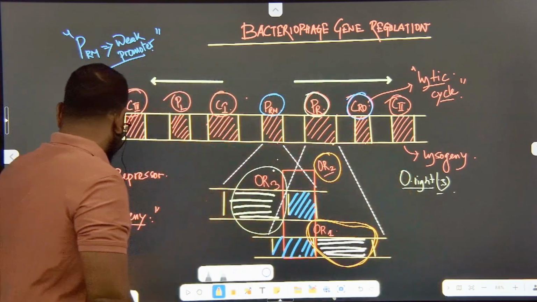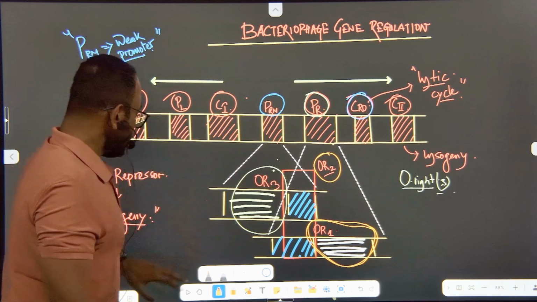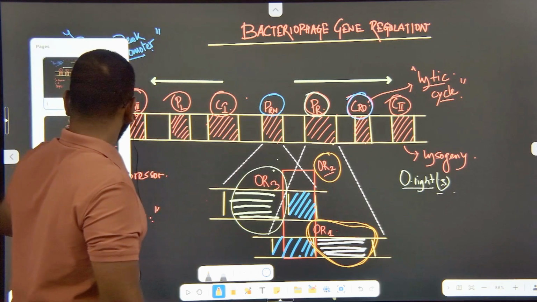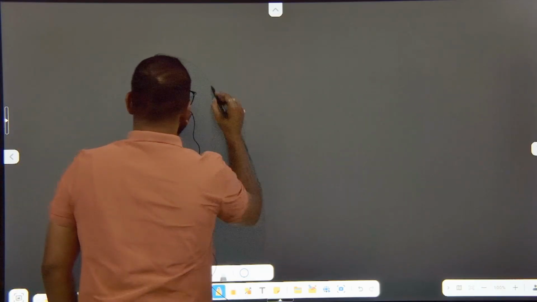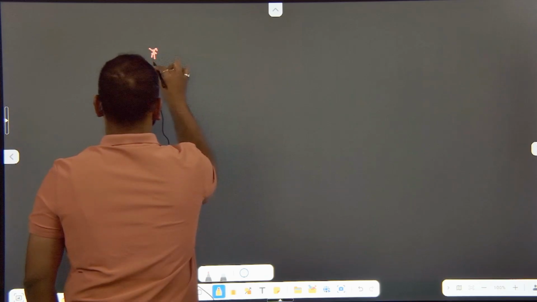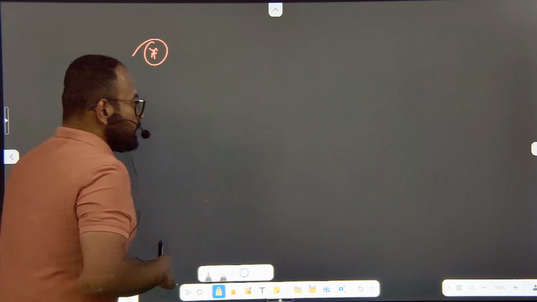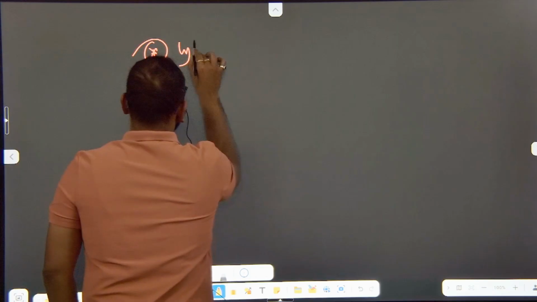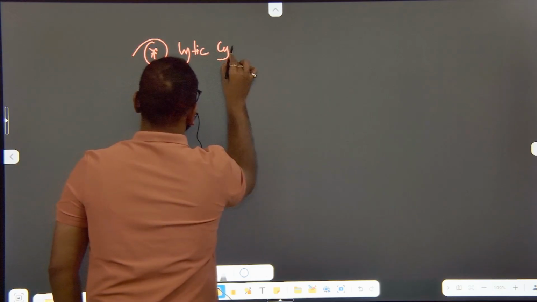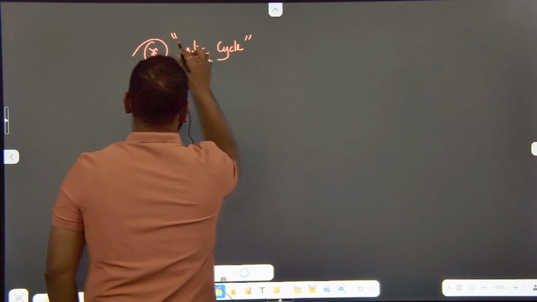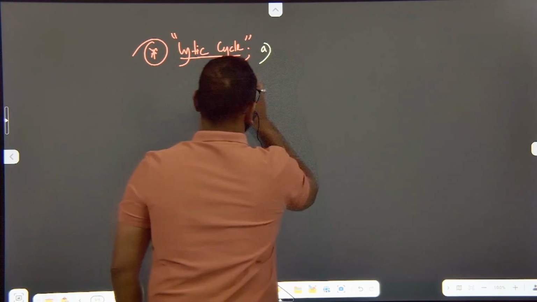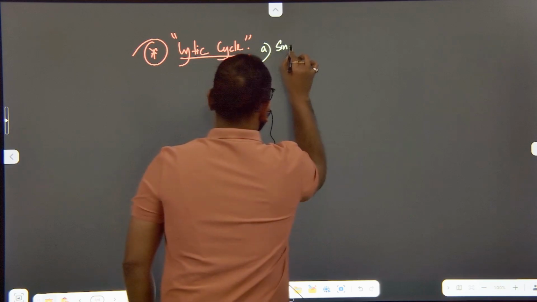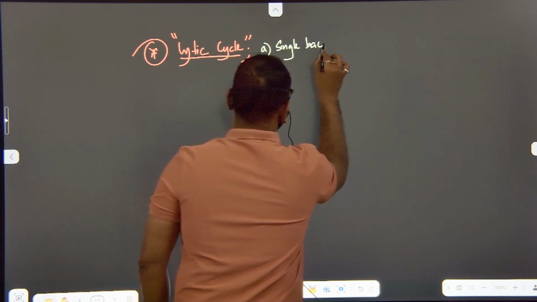So let's see, in terms of the lytic cycle, what are the criteria? Criterion number 1, single bacteriophage lambda.